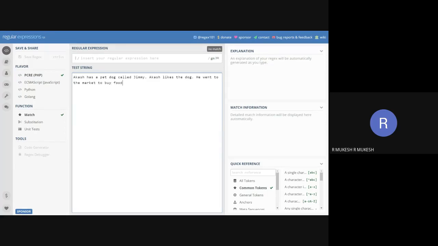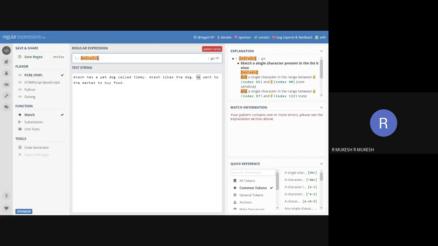Now let's say I'm building a question answering system, right? And I scan through a lot of documents and come up with a very robust regular expression that would be able to give me answers for particular questions. So let's say the question here is who went to the market, right? Let me say someone, A to Z plus, and then went to the market.